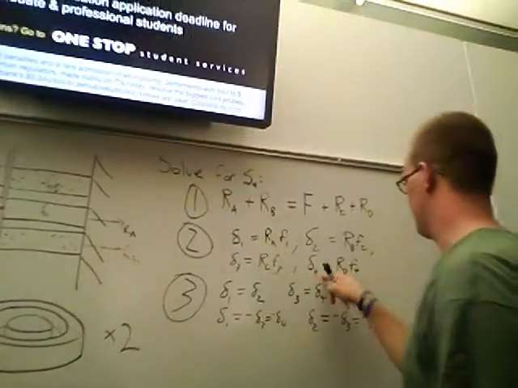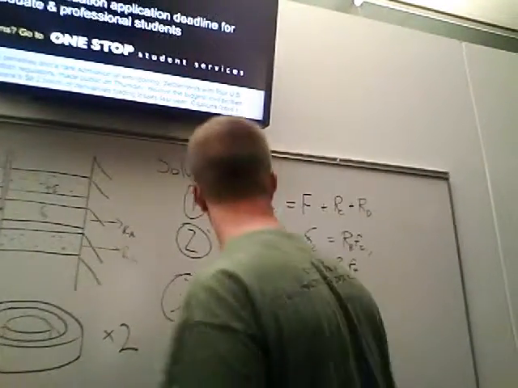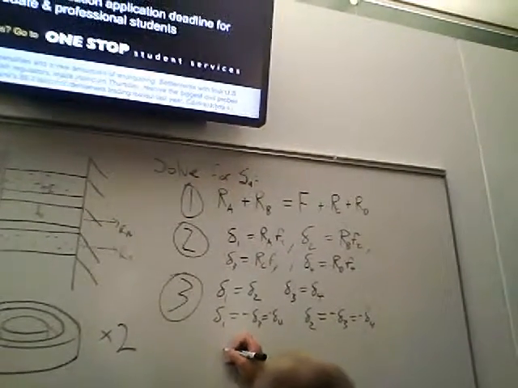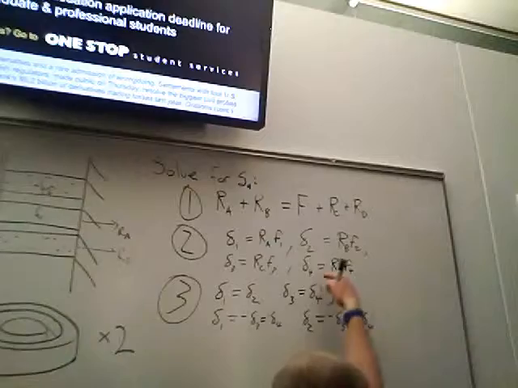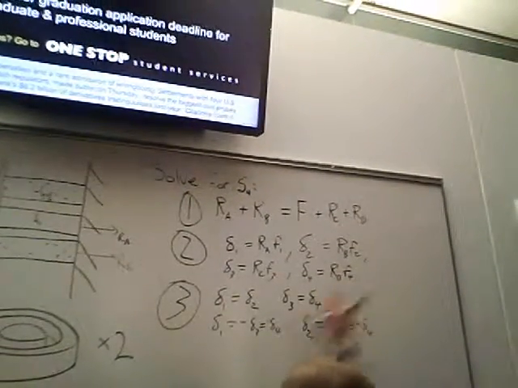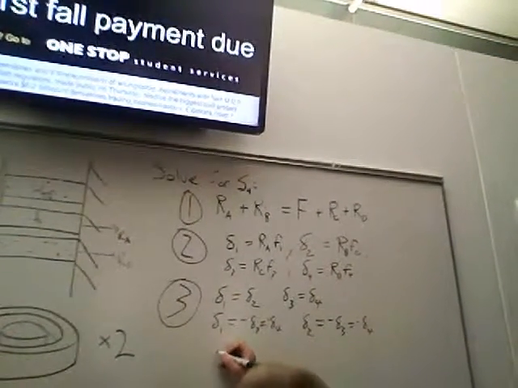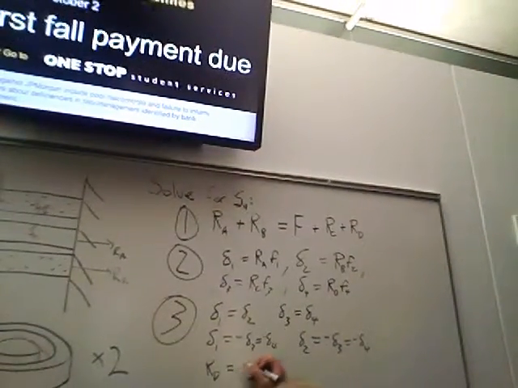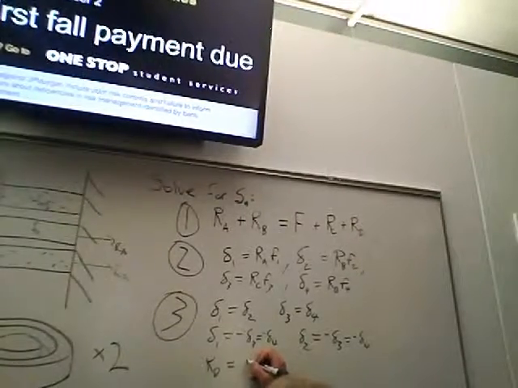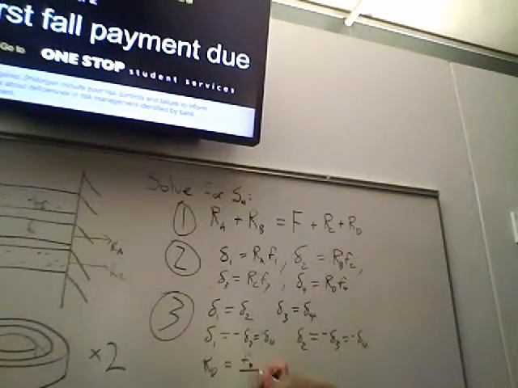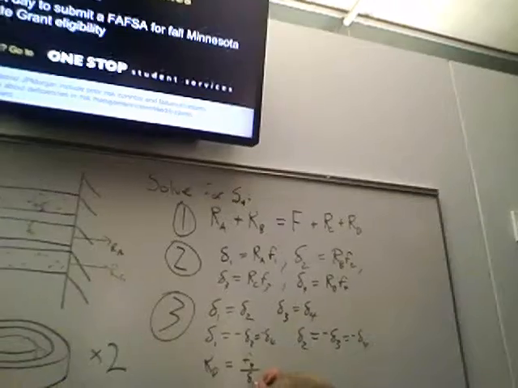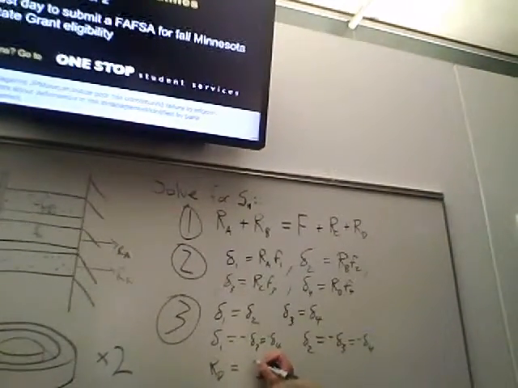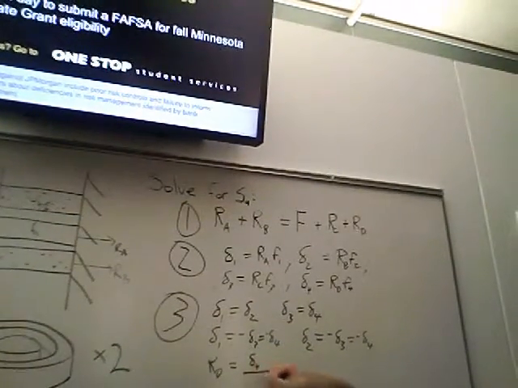We're going to start with an equation that has delta 4 in it. So that means that RD is equal to delta 4 over F4.